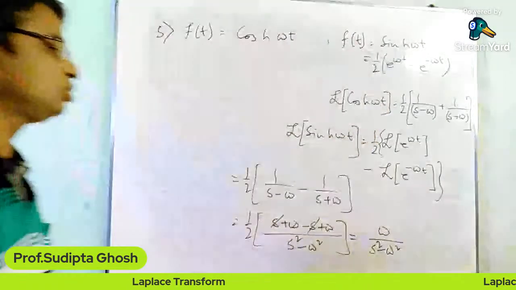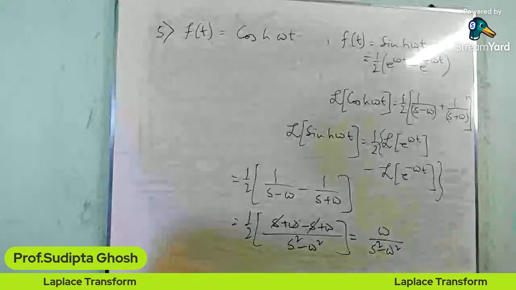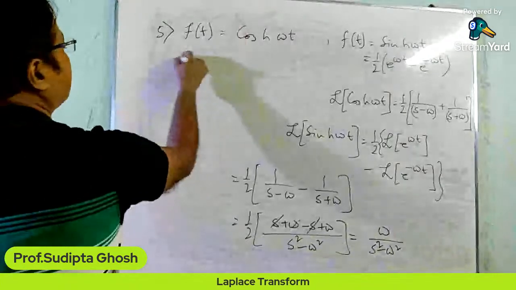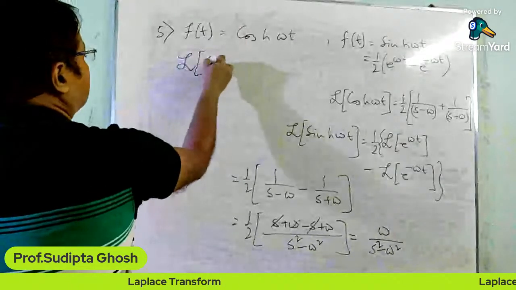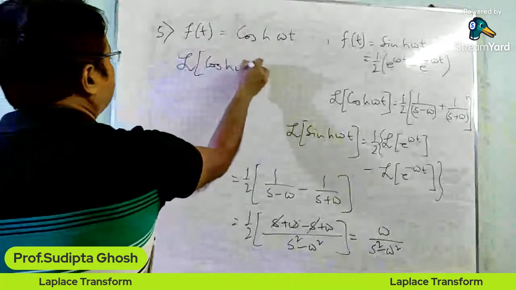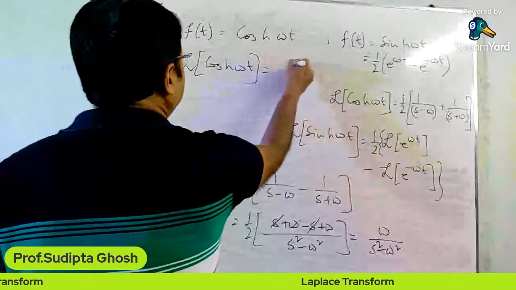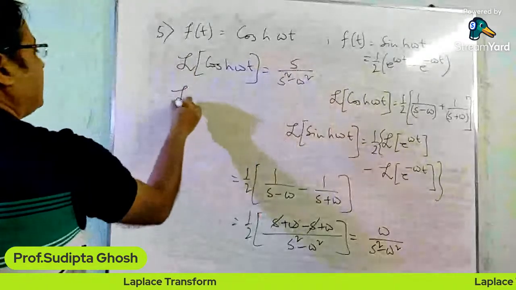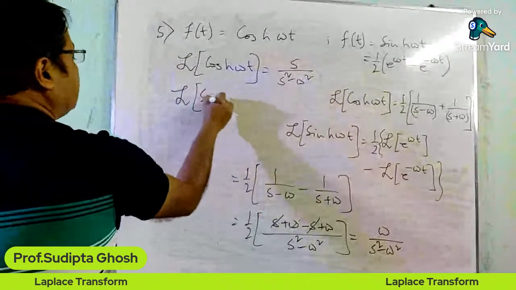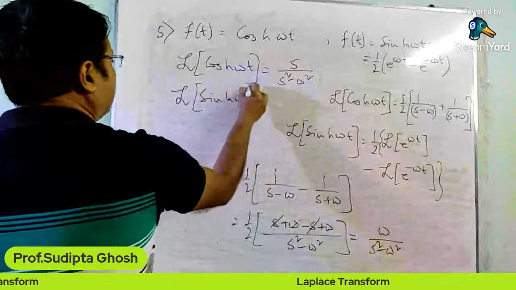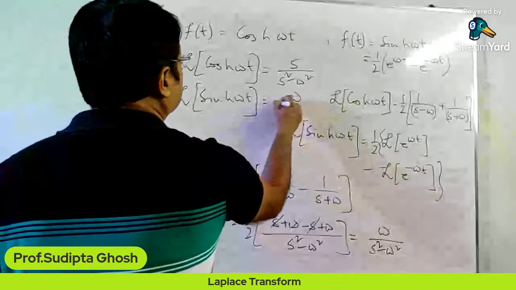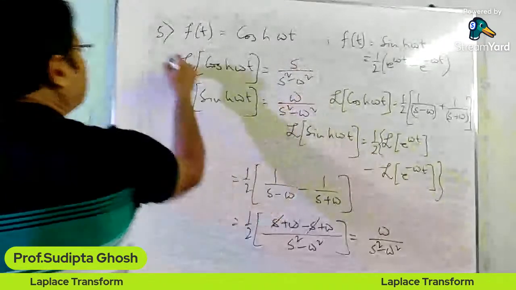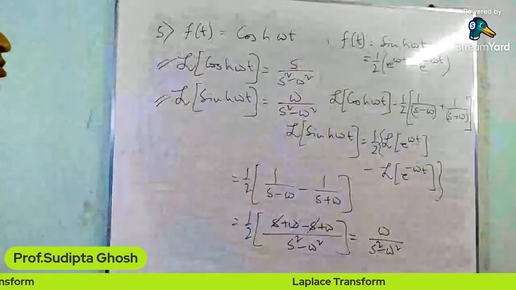Just don't get confused. The Laplace transform of cos hyperbolic omega t is s by s square minus omega square, and the Laplace transform of sine hyperbolic omega t has a similar form but the numerator is different, that is omega by s square minus omega square.